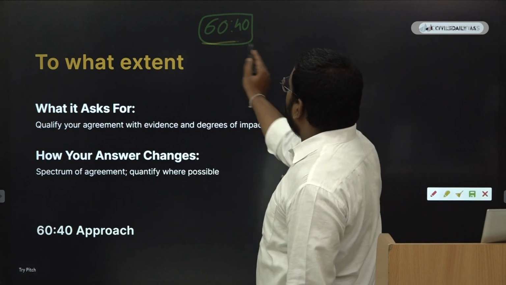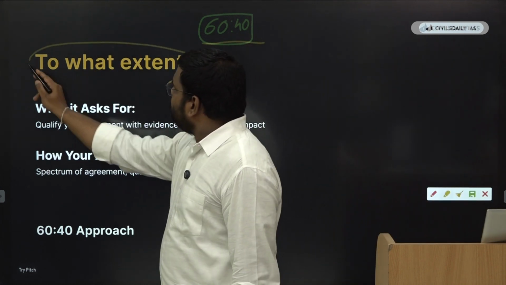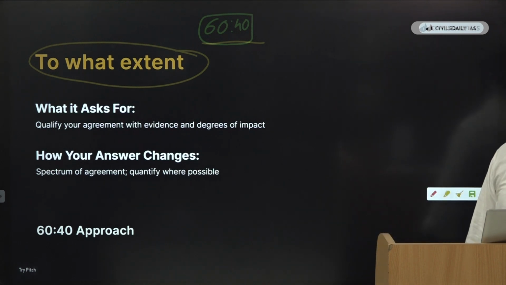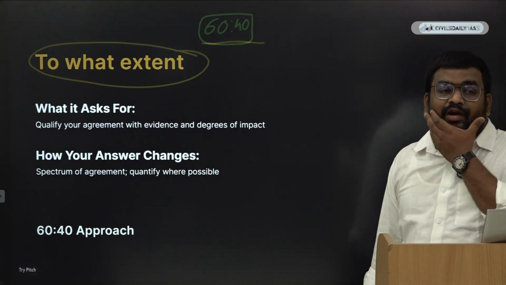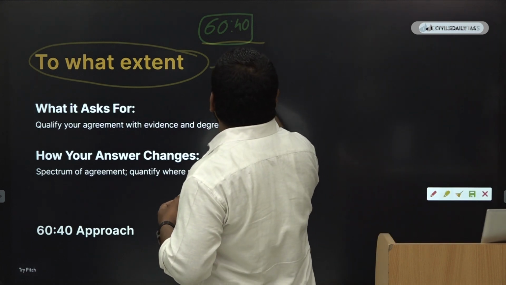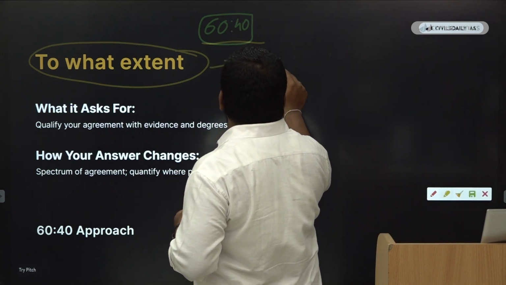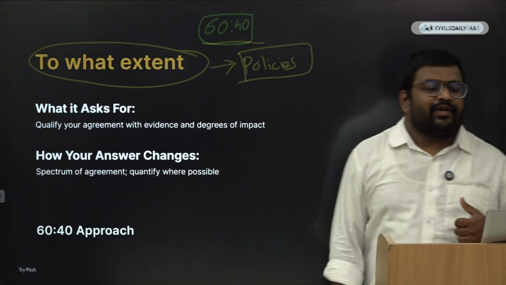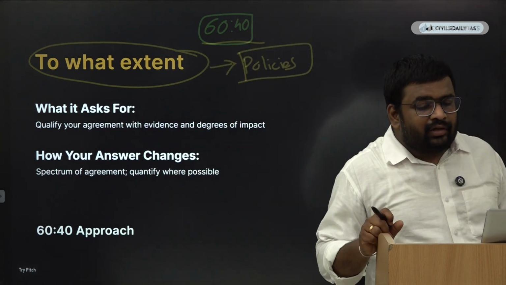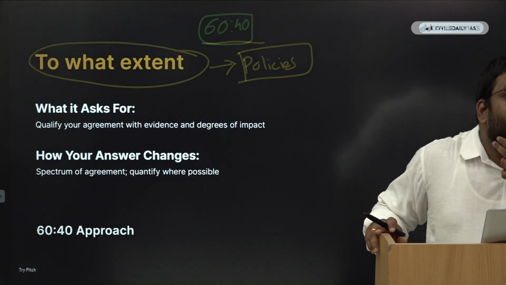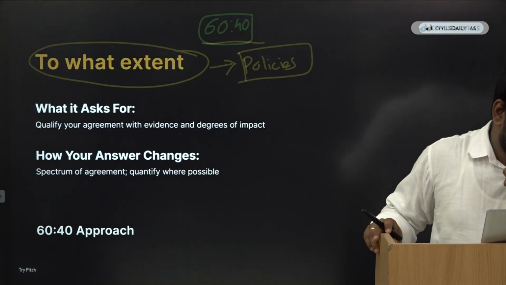Okay, so here, because it is the opinion based questions, to what extent? Whenever they ask you to what extent, generally these are asked with respect to the policies. For example, to what extent the Food Security Act has been able to alleviate the problem of food security in India.